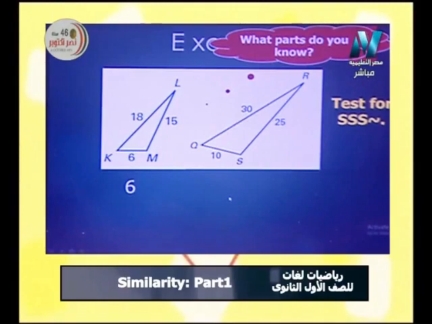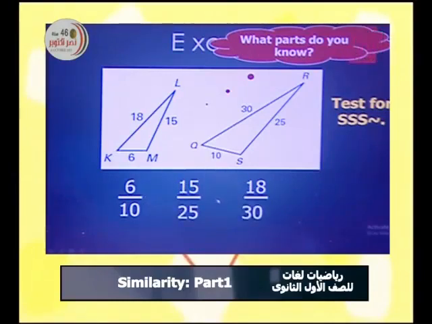Test about SSS similarity. We have the first triangle with sides 6, 15 and 18. Look carefully at this. Divide by what? The smallest side here, which is KM equals 6 centimeters, must be divided by 10 centimeters, which is QS, and then 25 and 30.